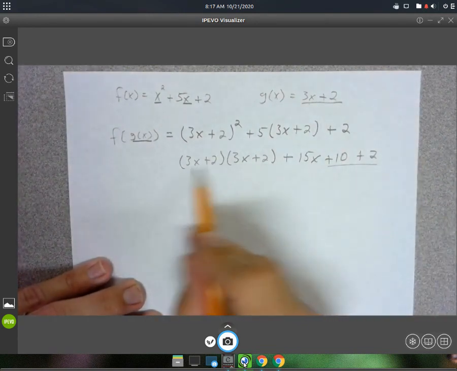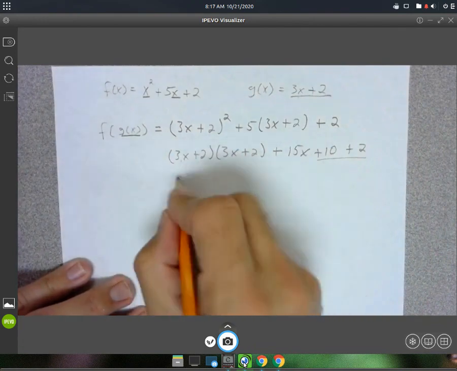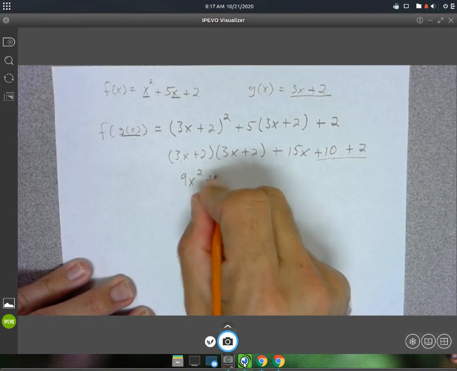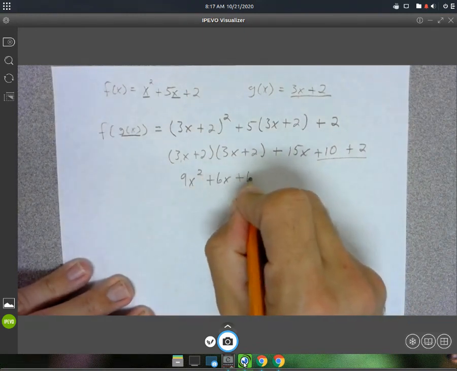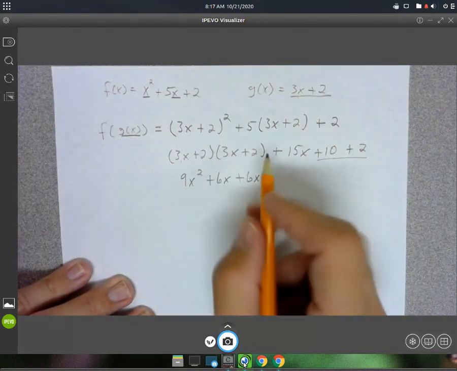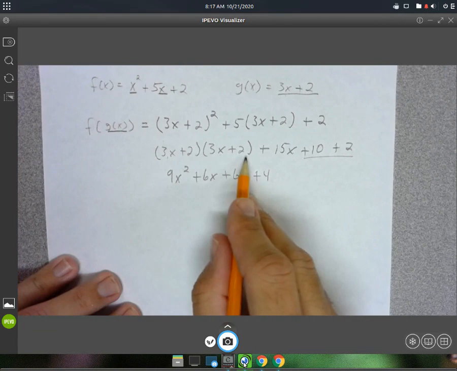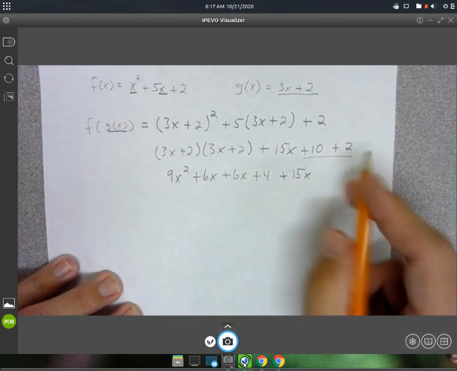We're going to multiply this out and combine those terms. So 3x times 3x will be 9x squared. 3x times 2 is going to be 6x. 2 times 3x is going to be 6x. And then 2 times 2 is going to be 4. All right, that was all that part. And then we have the plus 15x. And then 10 plus 2 is 12.